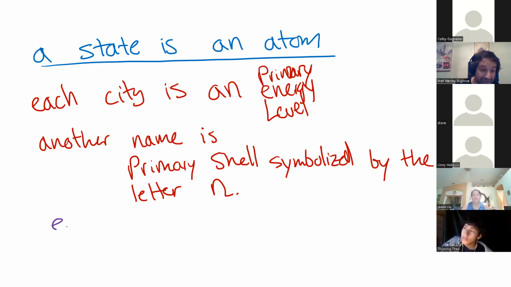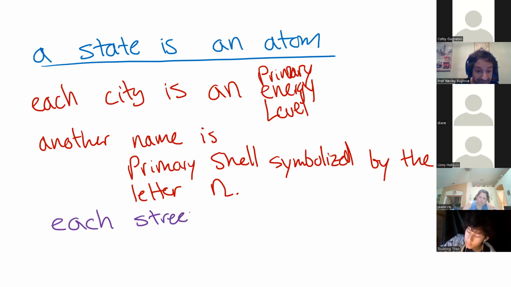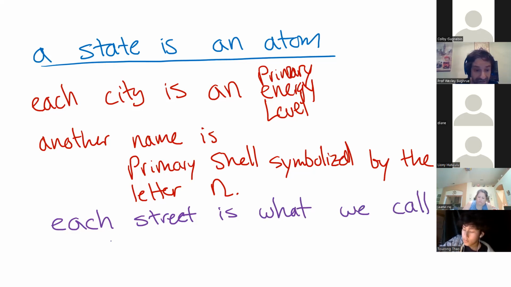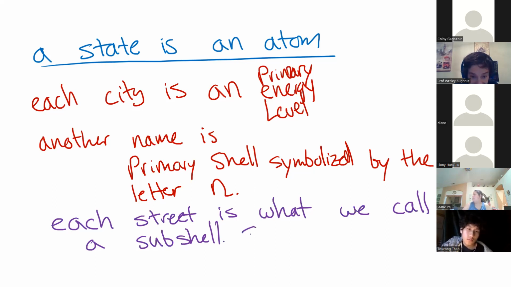Now each street is what we call a subshell. Okay, the subshell, and there's only one name for these, thankfully.